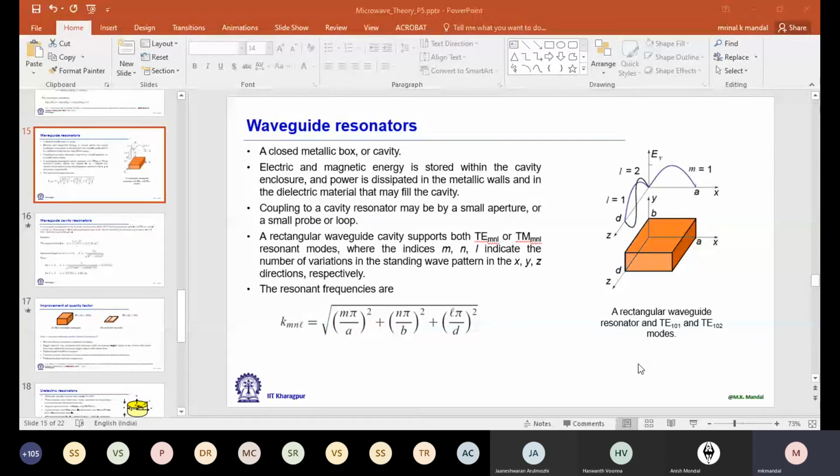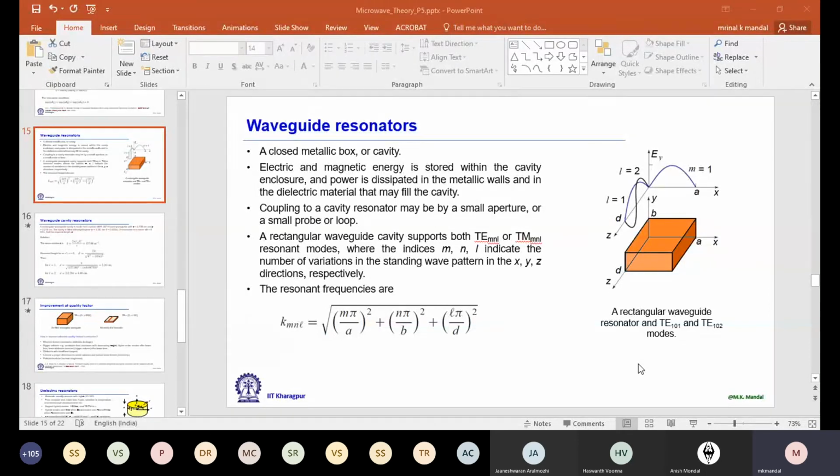So if the resonant wave number is given, how do we determine the resonant frequency? k is 2 pi by lambda basically. If it is 2 pi by lambda, then we can represent it in terms of c.